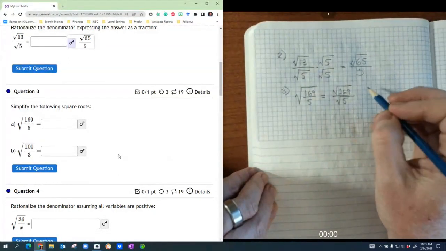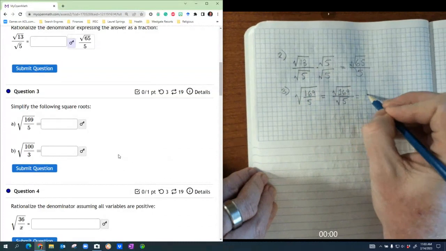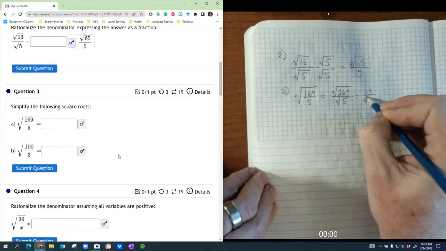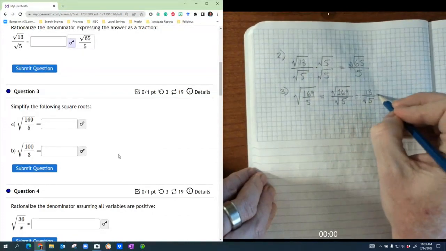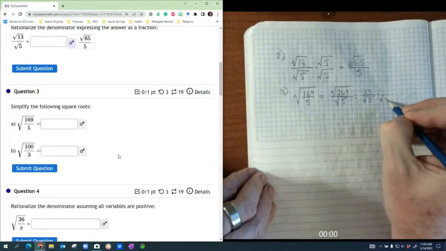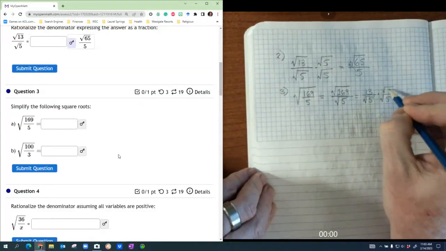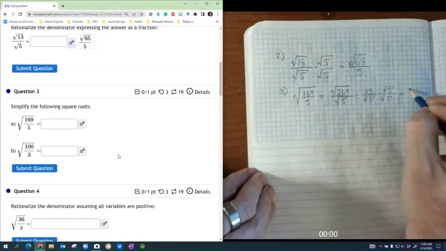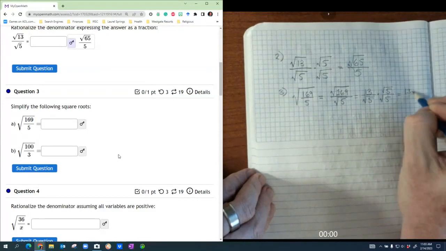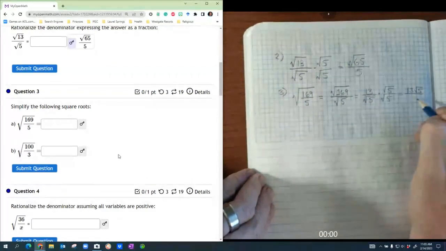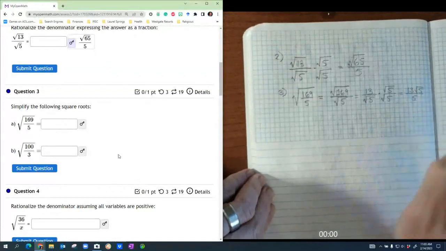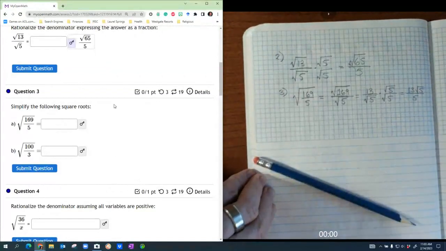The square root of 169 is 13 over radical 5. Then we multiply both top and bottom by radical 5, and we get 13 radical 5 over 5. 5 does not go into 13, and therefore that's our answer.